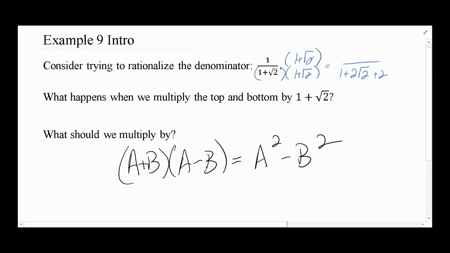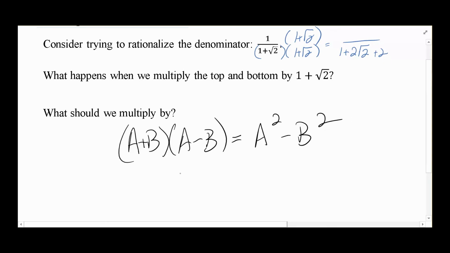Everything's squared, which means if there are any square roots in the original problem, then they would be gone. That's kind of cool. So maybe if I multiplied by 1 minus the square root of 2 in the top and bottom, that would create an a plus b, a minus b situation. That'd work out pretty nice.